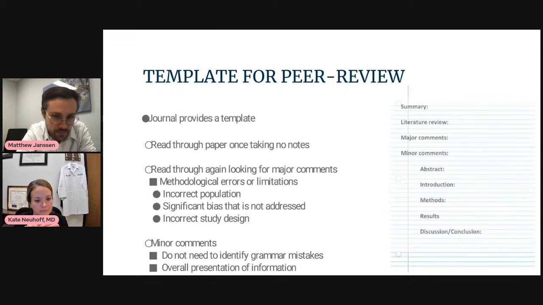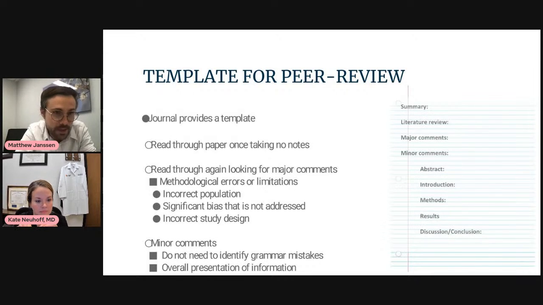So you're really first looking for major methodological errors or limitations: are they using the correct population? Are they asking an appropriate question? And does the study design match that question that they're asking? As well as, do they interpret their results correctly?